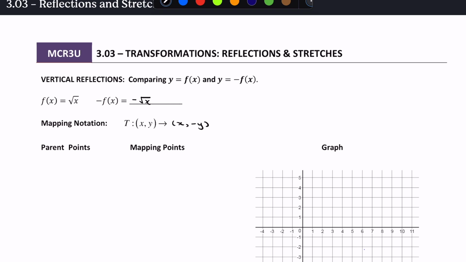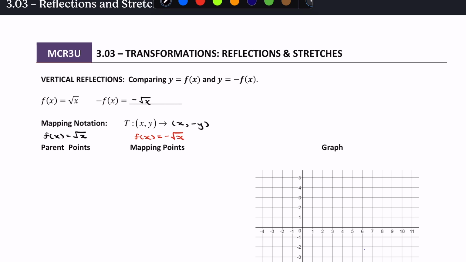So here, again, our original function, f of x, is equal to square root x. Then our transformed function, we'll write here as f of x is equal to negative square root x.